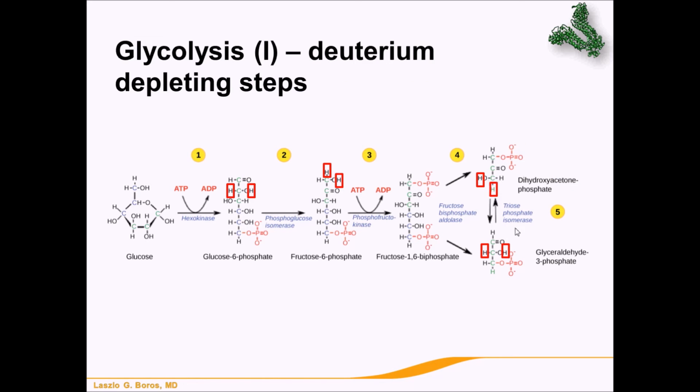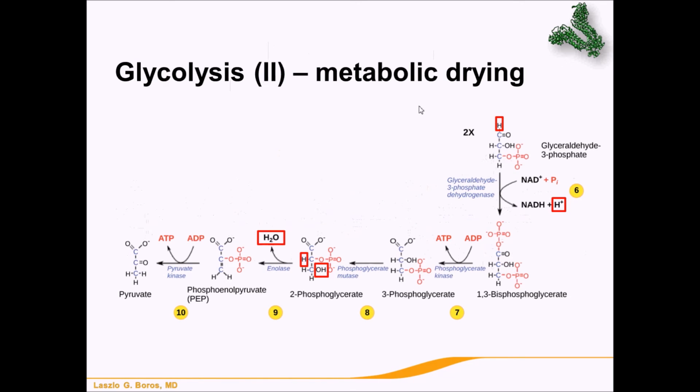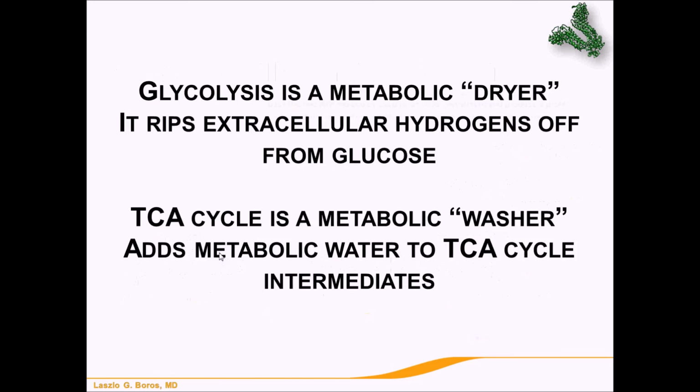So you can see that there is a lot of exchange and a lot of potential deuterium depletion in glycolysis, and this is why these 10 reactions are linked and channeling to one another, simply to make sure there's no hydrogen and deuterium from the environment that is carried into mitochondria.